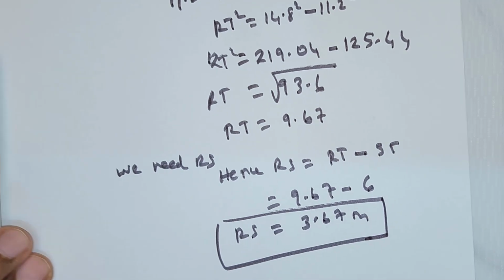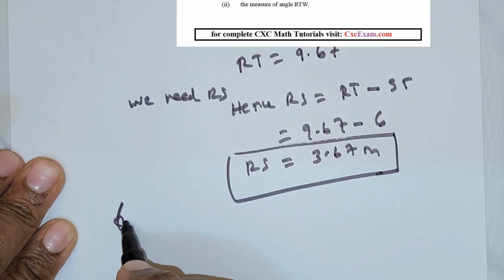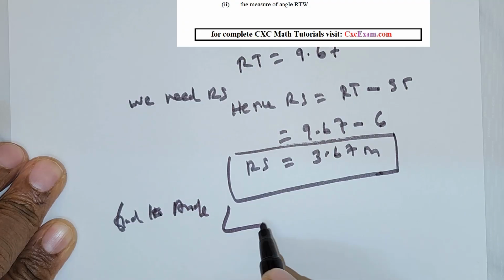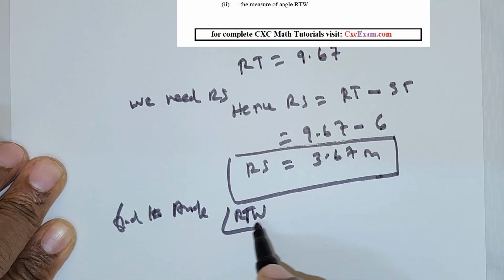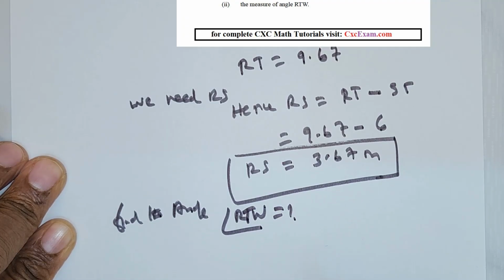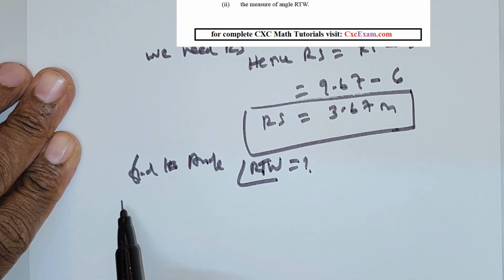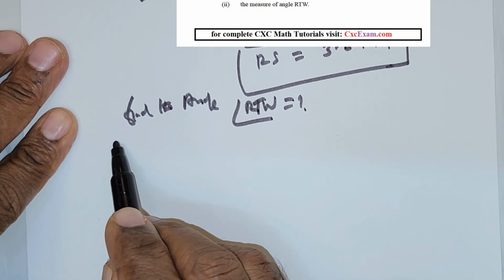Okay, so now they are asking us to find the angle. Find the angle of RTW, right? RTW, we need this. So if you were to go back to the figure, let me draw this figure here.